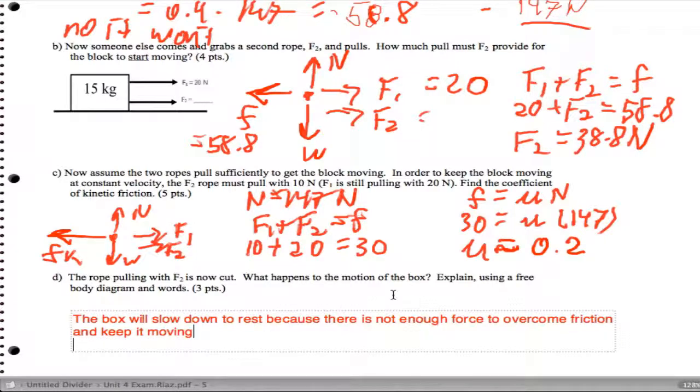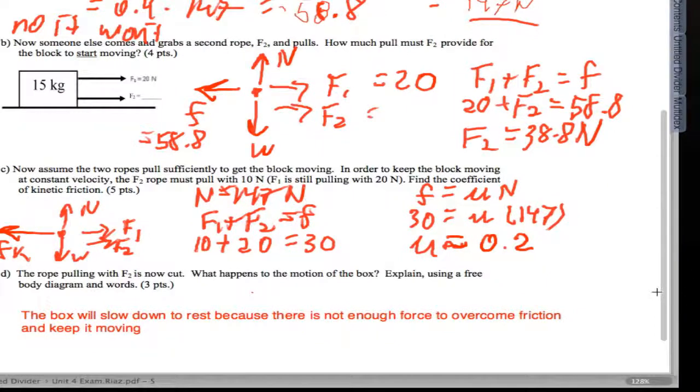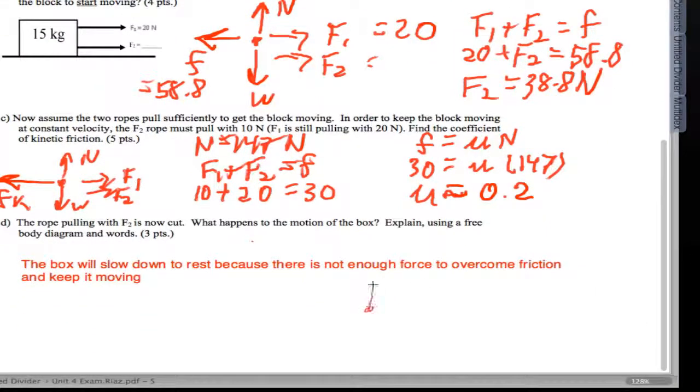And the way we show that also with the free body diagram is we would draw it like this. So I'll have the normal, I'll have the weight, I'll have F1, and I'll have this big friction force which overpowers it and slows it down.